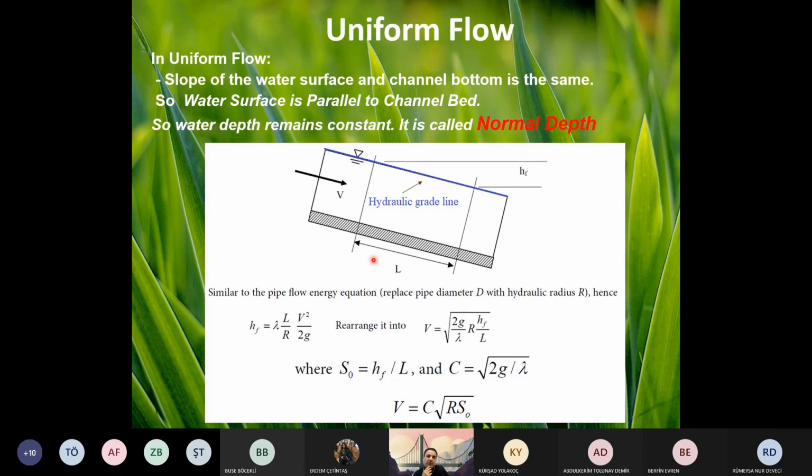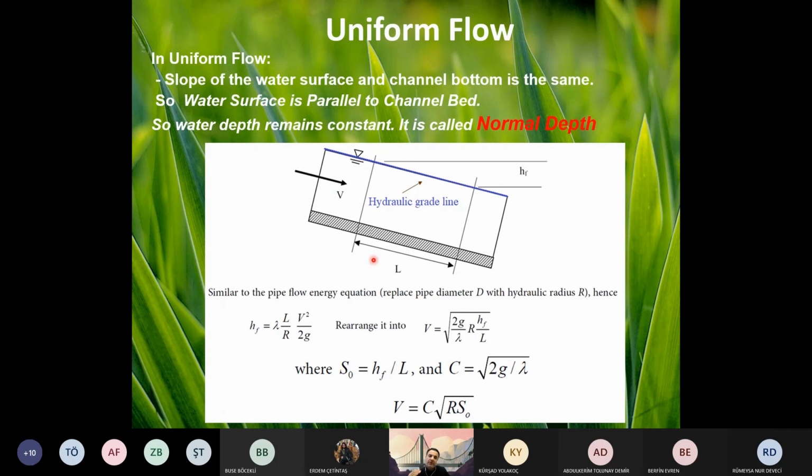Okay, in uniform flow, the slope of the water surface and channel bottom is the same. I repeated that. So the water surface is parallel to the channel bed. We talked about that. So water depth remains constant. Yep, we know it. It is called normal depth.